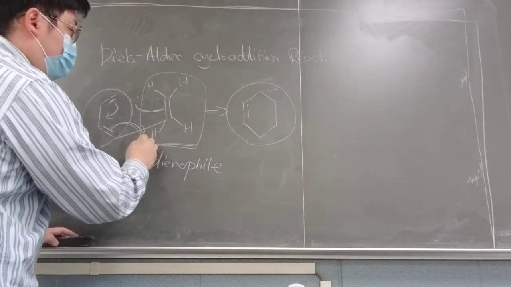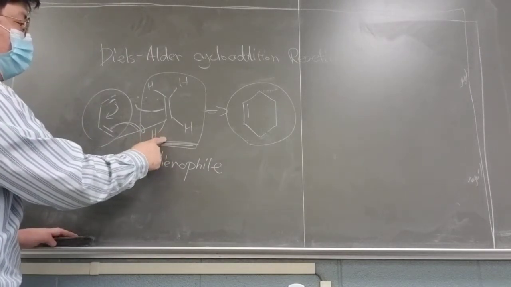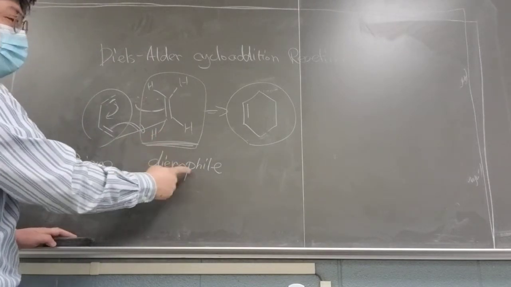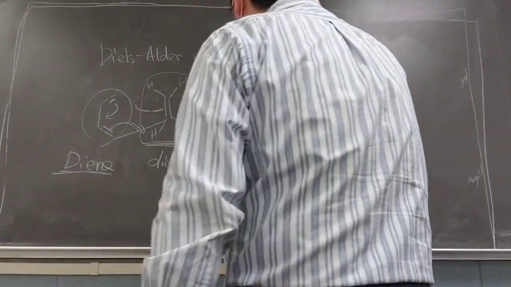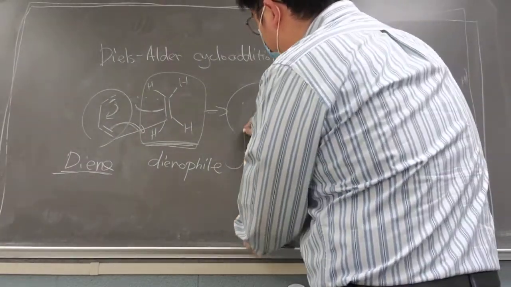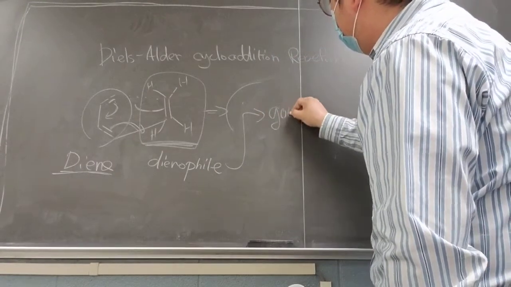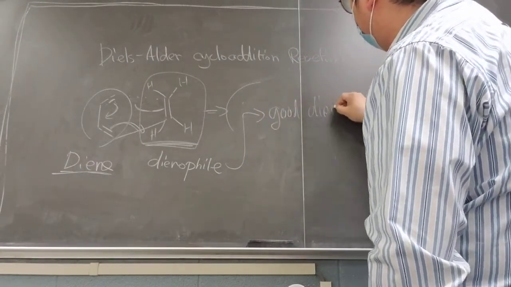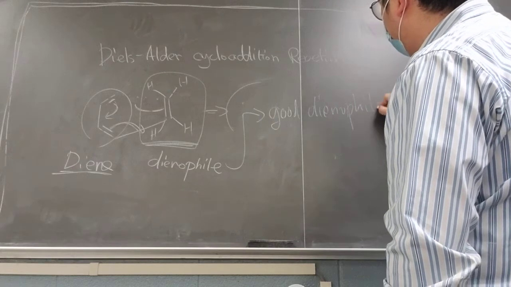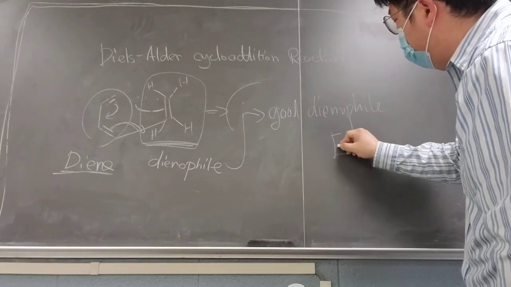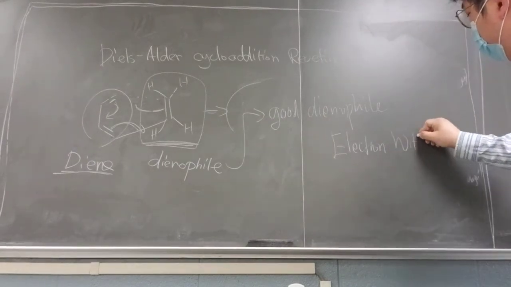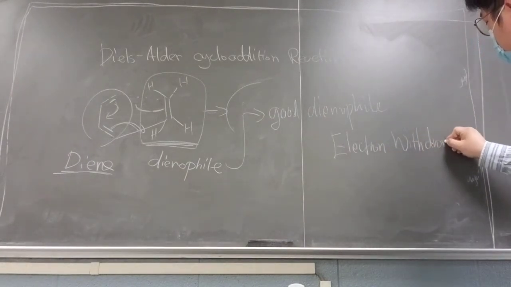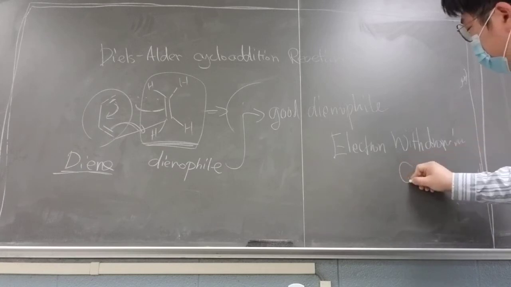But to be honest, this is not a good dienophile. This is actually poor because most good dienophiles have electron withdrawing groups.